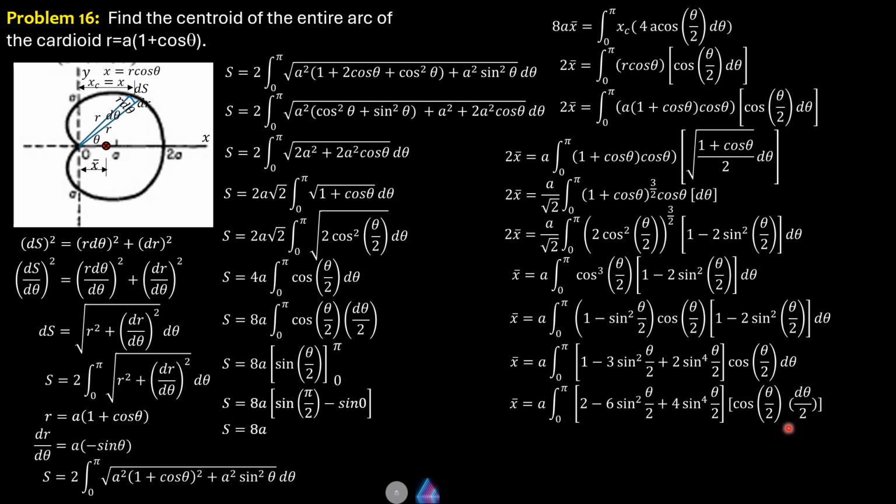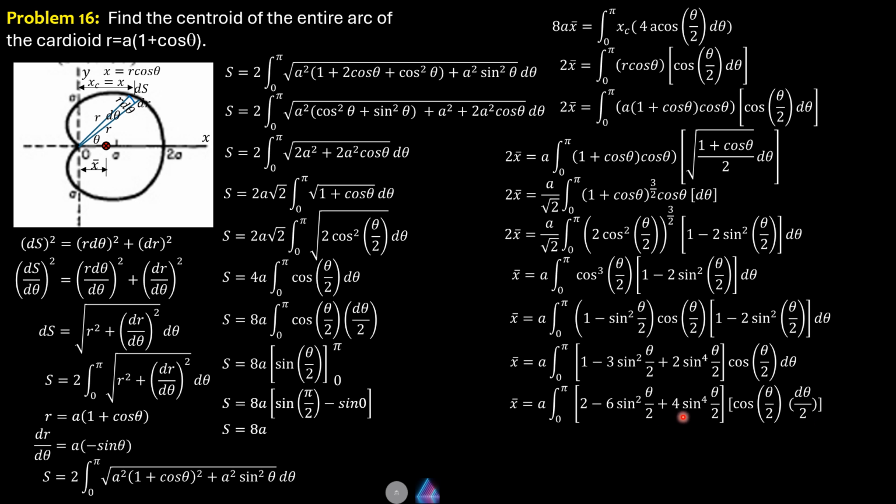Then if we let u be sine theta over 2, the differential is cosine theta over 2 d theta over 2.